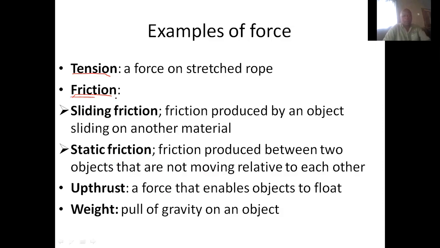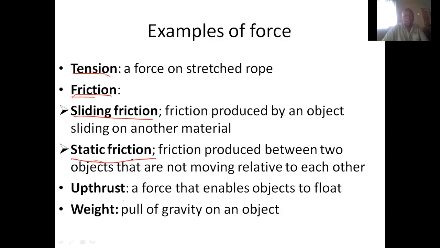Well, there are two types of friction. One of them is known as sliding friction, which is a friction produced by an object which is sliding on another object, and therefore this object is moving. And there is another type of friction which is known as static friction.